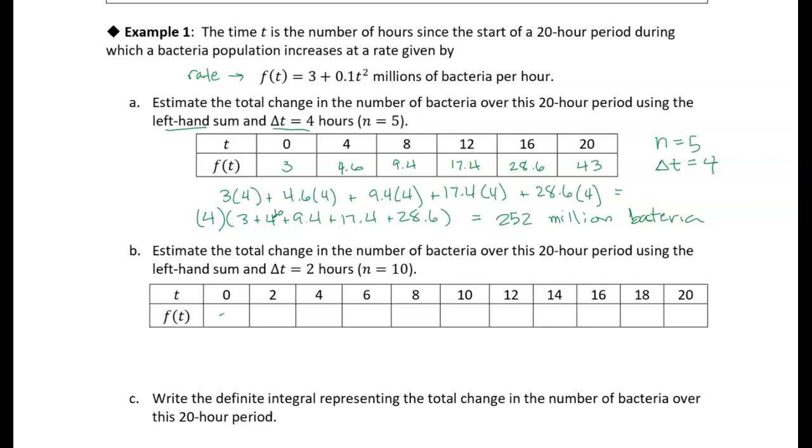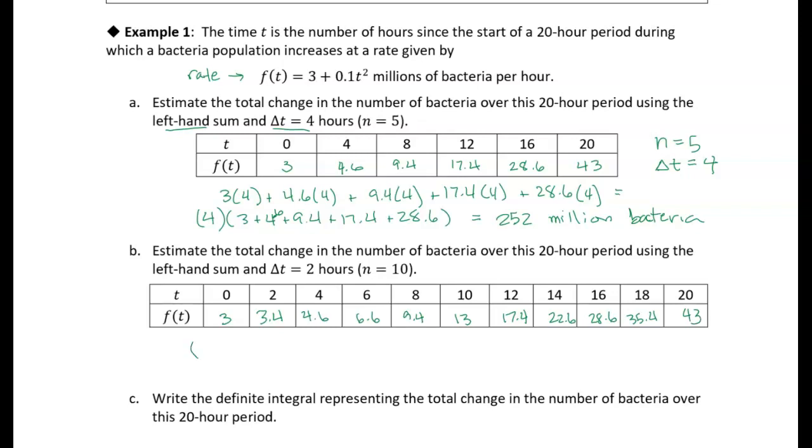So again, I can just put these values into my equation and calculate the function value at each time: 3, 4.6, 6.6, 9.4, 13, 17.4, 22.6, 28.6, 35.4, and 43.